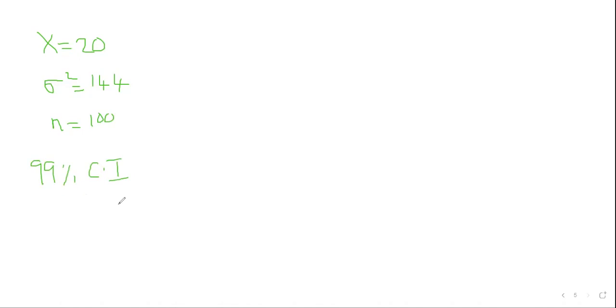Who wants to try to find a 99% confidence interval? So the formula is x bar plus minus z standard deviation over square root of n. Already we're given variance, so meaning our standard deviation here is 12. On the mean, we're going to put a 20 there.